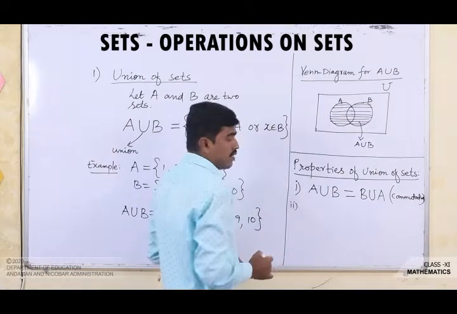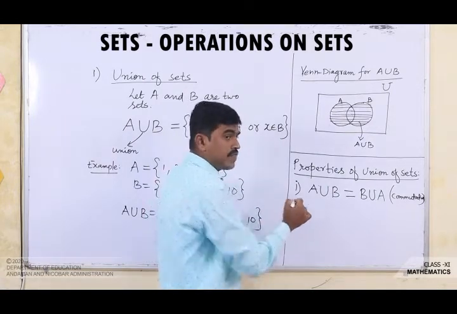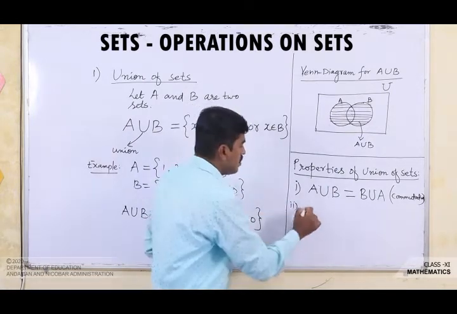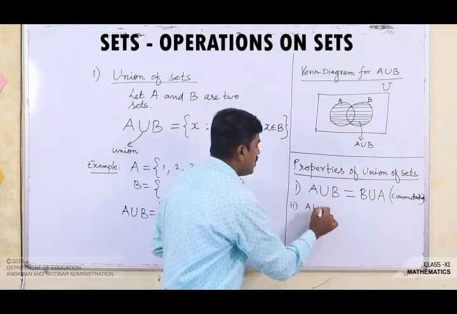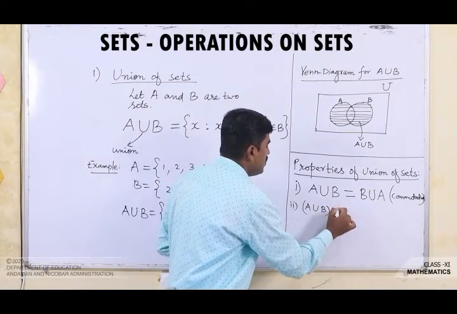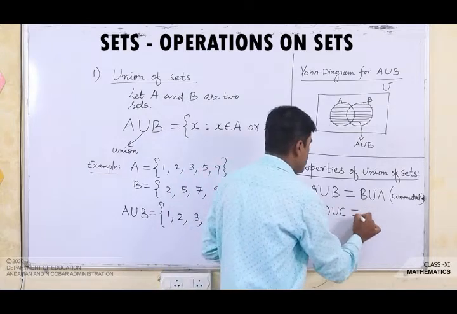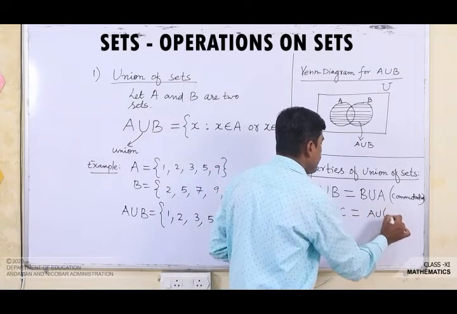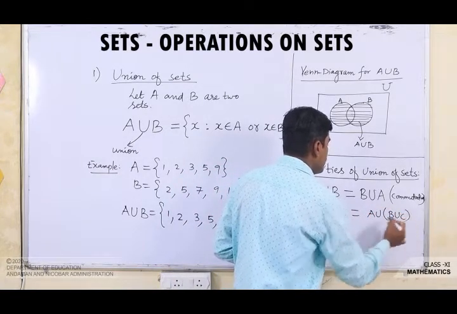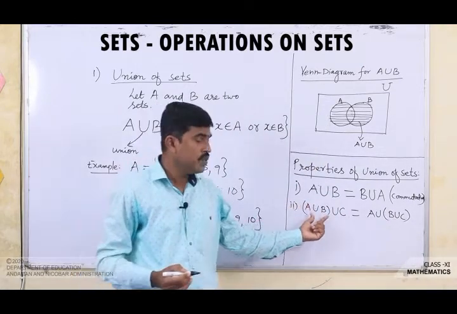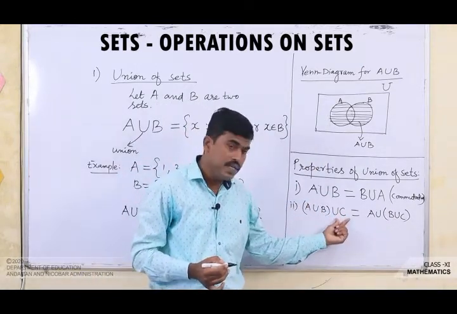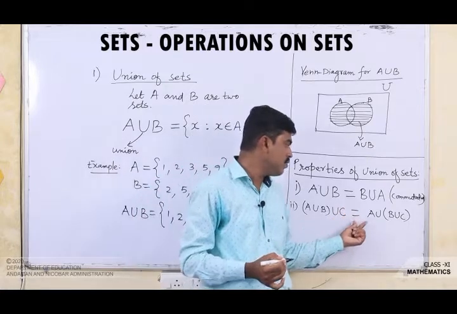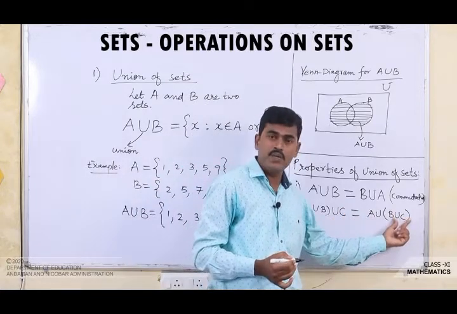Now the second one. If there are three sets A, B and C, then (A union B) union C is equal to A union (B union C).